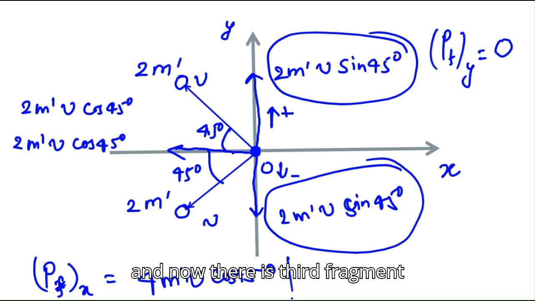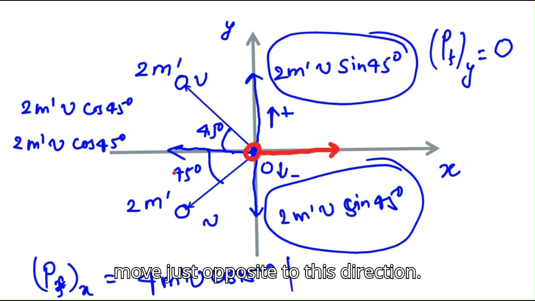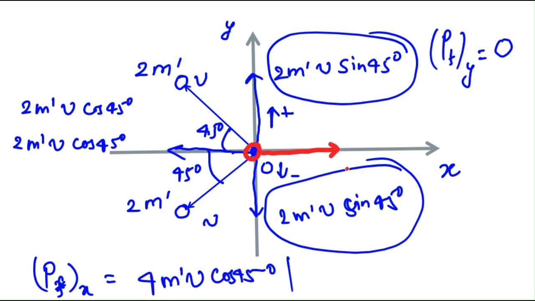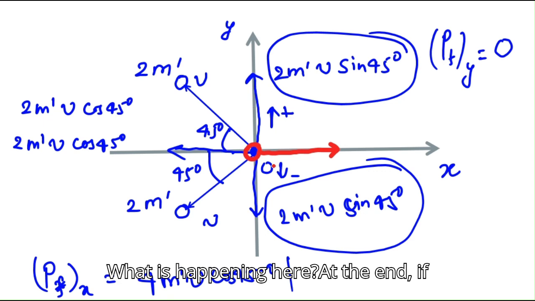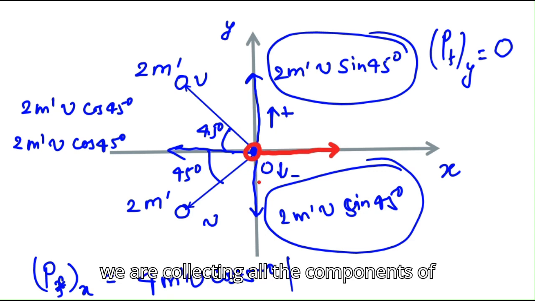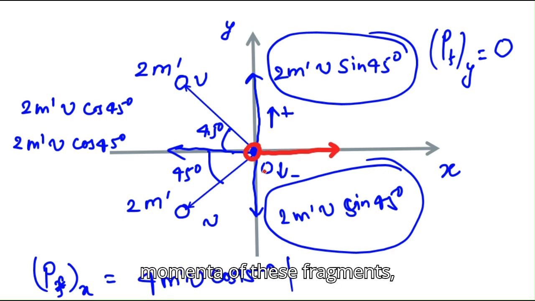And now there is the third fragment, and this third fragment should move just opposite to this direction. At the end, if we collect all the components of momenta of these fragments, the net momentum should be 0.